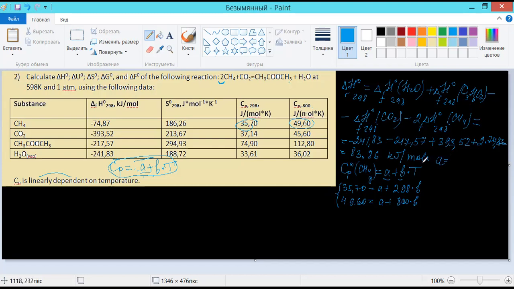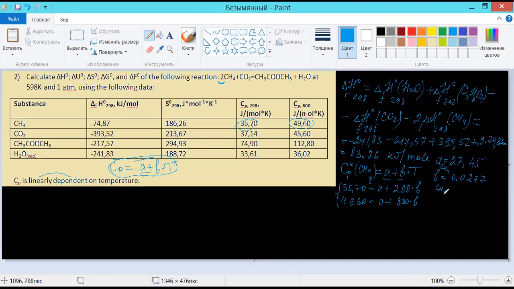For methane, A equals 27.45 and B equals 0.0277. You should understand that A is for methane, B is for methane. And doing likewise, we can calculate.